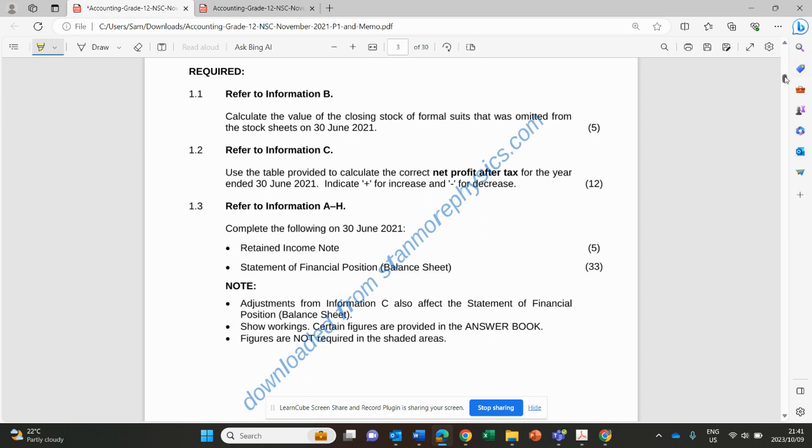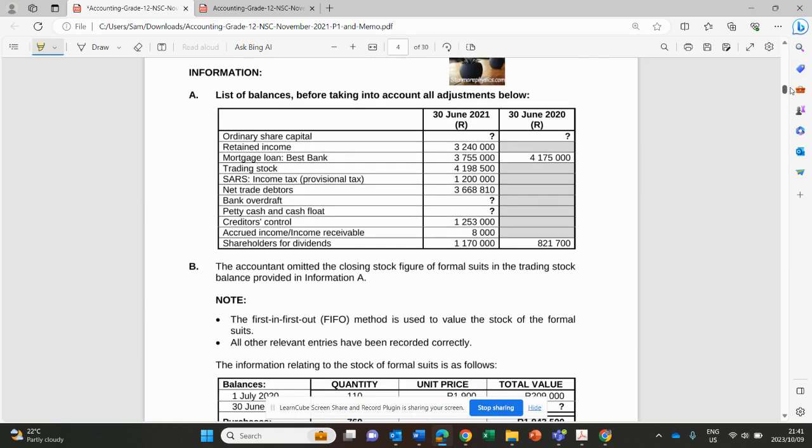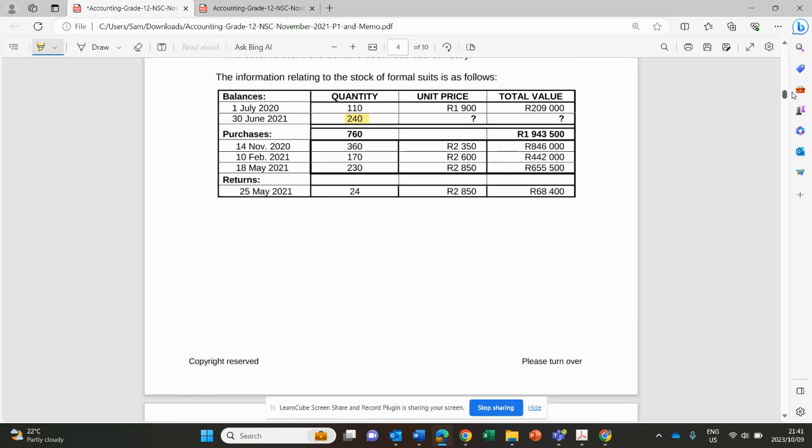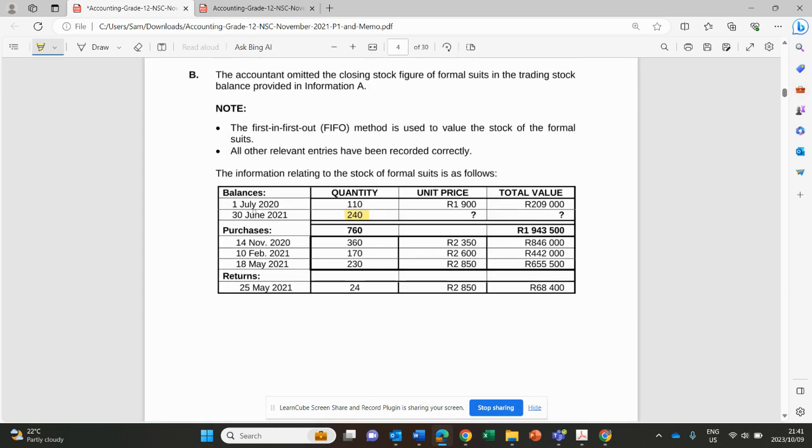The closing stock on 30 June 2021 is 240 units. So we are looking for the value of 240 units using FIFO. If you use FIFO, it means the latest purchase will be the remaining inventory at the year end.